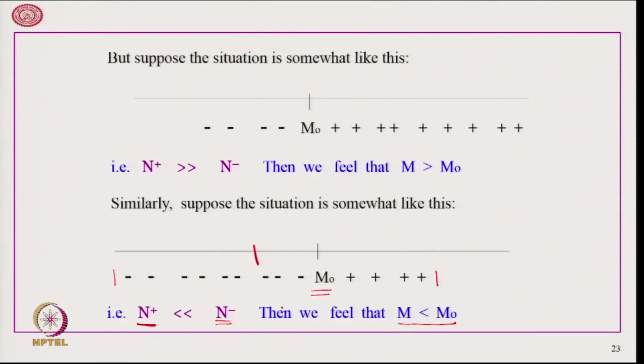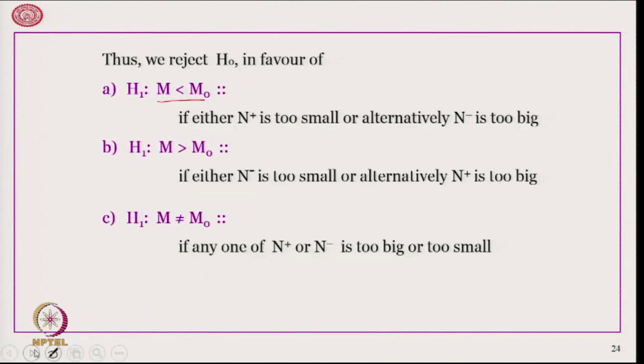Say for this example, if n plus is too small, then it is more likely that m is less than m naught, or in other words, if n minus is too big, then we would expect that m is somewhat less than m naught, and therefore we would reject the null hypothesis in favor of m is less than m naught.